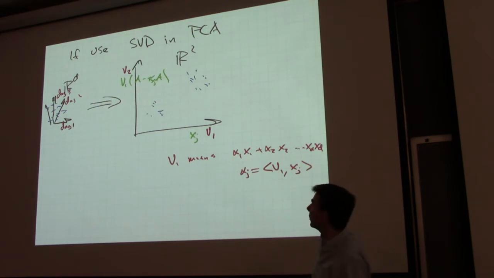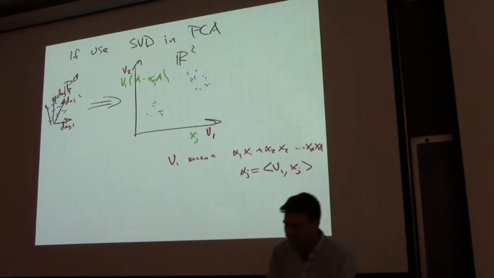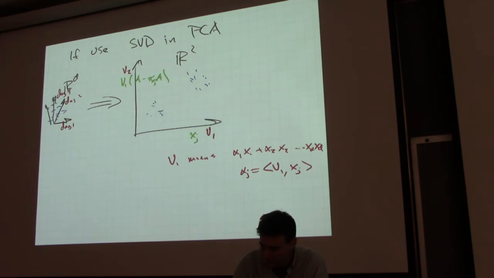I'd like to project down to maybe not 2 dimensions, but a smaller number of dimensions, going to R^k using k original dimensions.